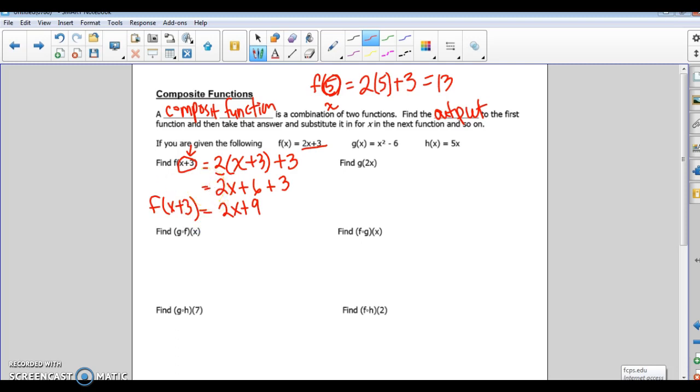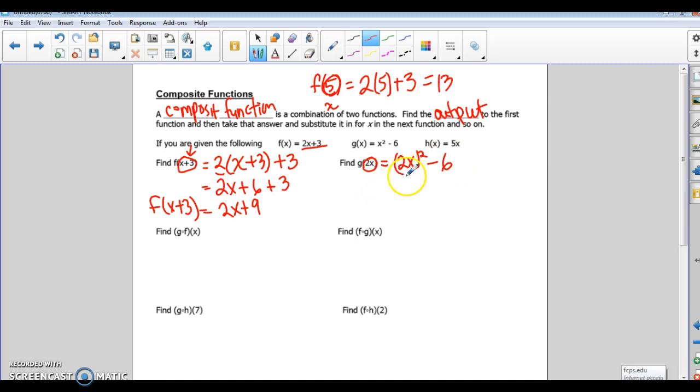Okay? Now, let's try the next one. It says find g of 2x. Same thing. Since it's about g, we need to look at g of x equals x squared minus 6. All we need to do is put what's inside as the input. 2x is the input, so we're going to put 2x instead of x, and then square it, minus 6.